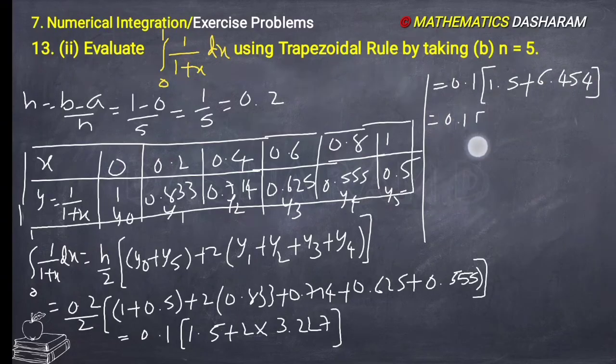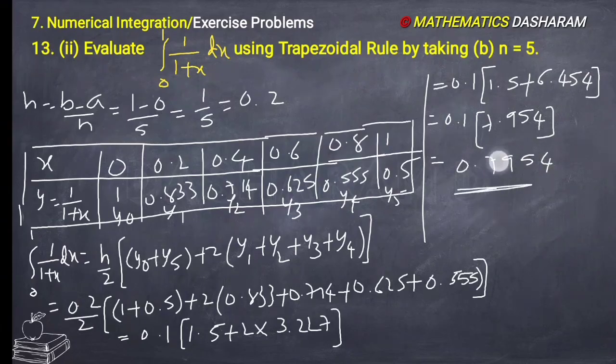So 0.1 bracket of 1.5 plus 6.454 is 7.954. So 0.1 into 7.954 is 0.7954 is our required answer.